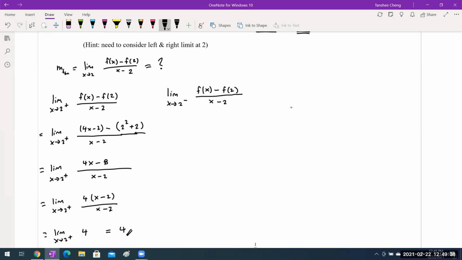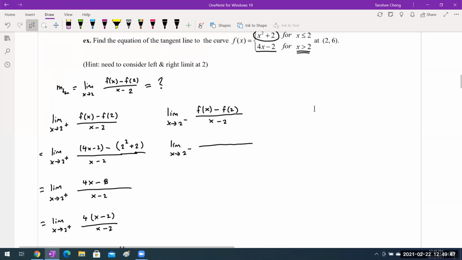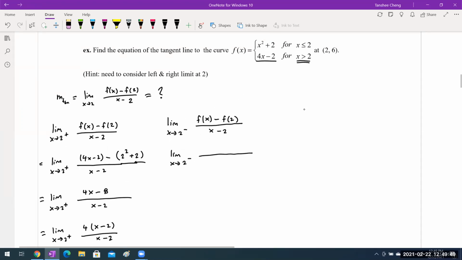So in this case, the limit as x approaches 2 from the left-hand side. My function, since we are talking about the left-hand side of 2, that falls within this restricted domain. So we will be using this formula for the function, which is x squared plus 2, my bad, minus the function evaluated at 2, so it will be 2 squared plus 2, all over x minus 2.